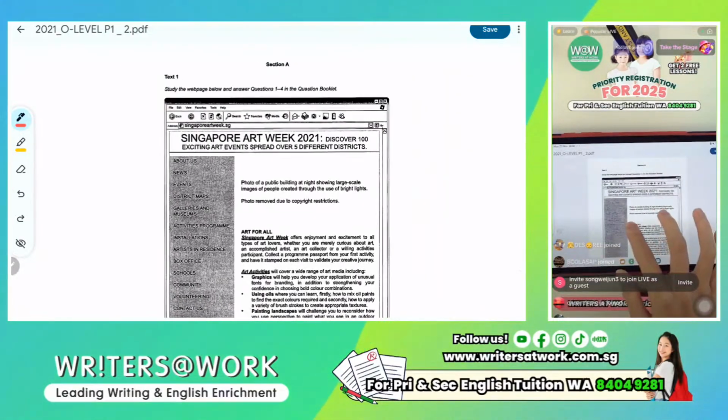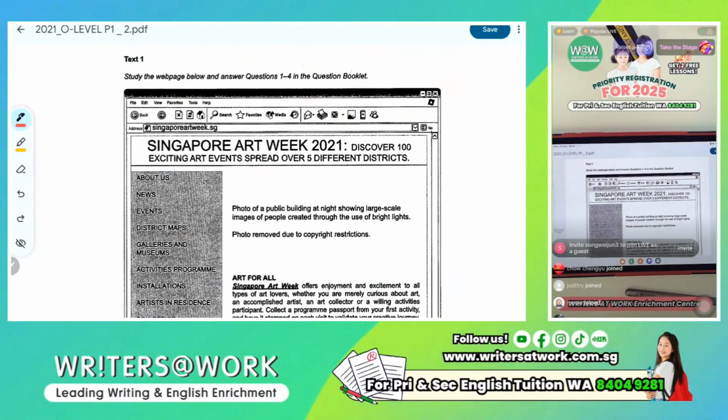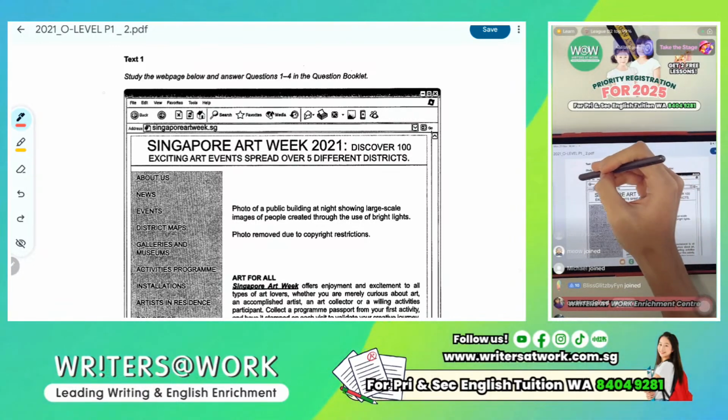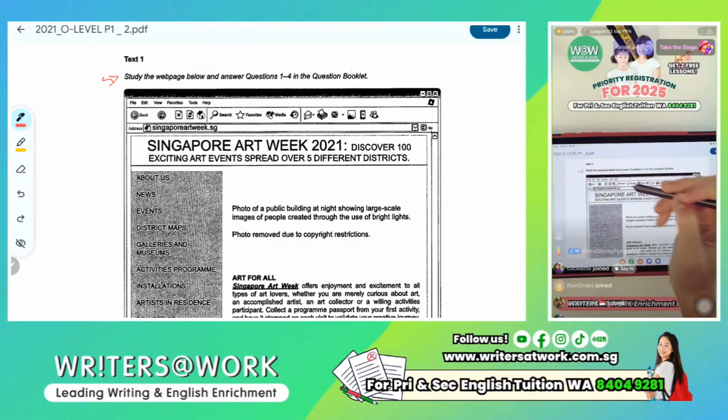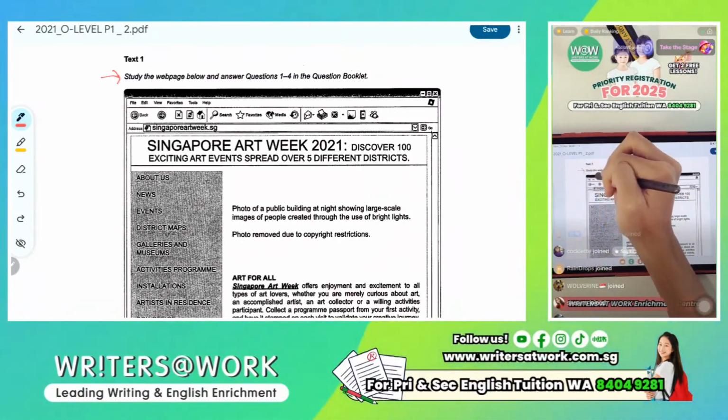So first thing, I want to go through the visual stimulus. When we first look at a particular visual stimulus text, it's very important to always look at this first part here, the set of instructions, because we need to know what medium it is in. So for example, this is a web page.